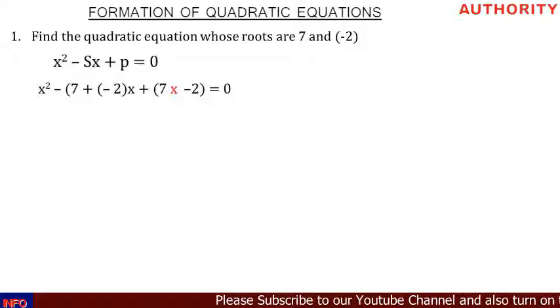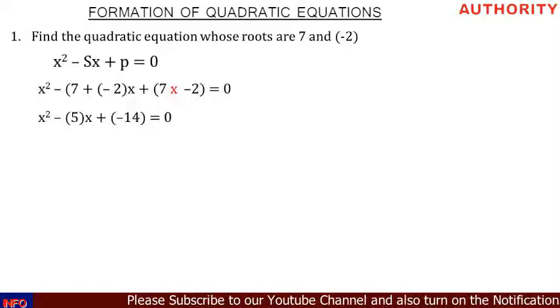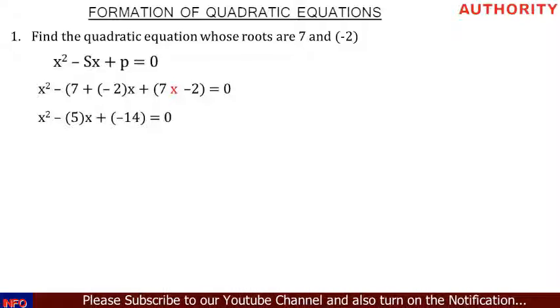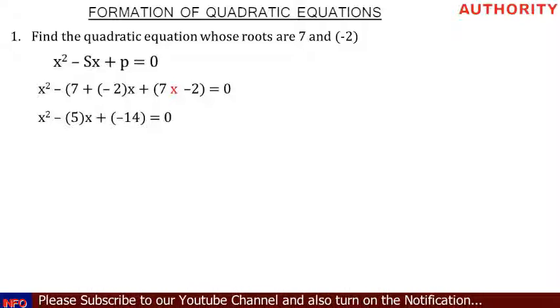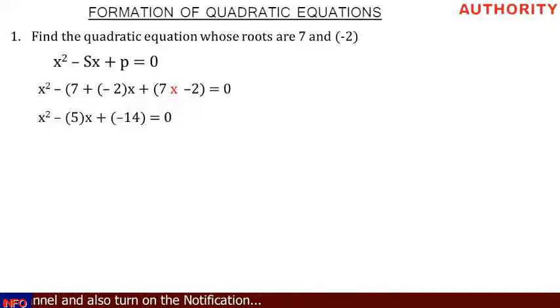Now we have x squared minus, in this first bracket, 7 plus minus 2. Plus times minus gives minus, so 7 minus 2 is going to give us 5. So we have x squared minus 5 in bracket, x outside, plus, now 7 times minus 2 is going to give us minus 14.